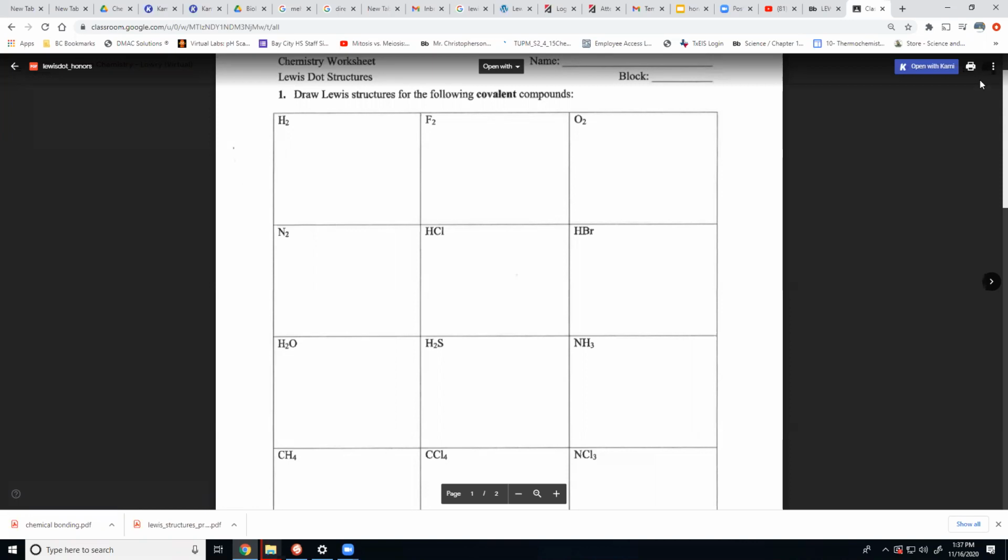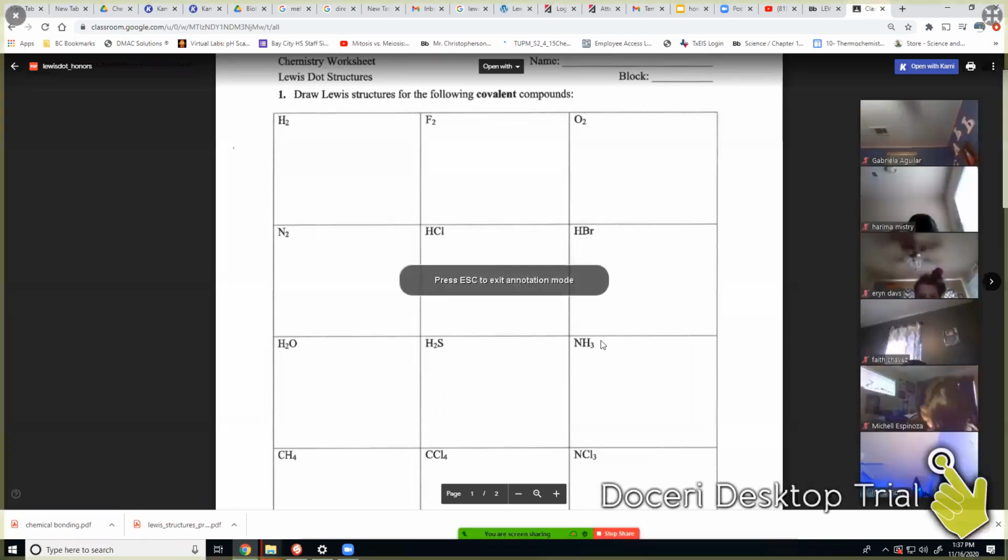All right, so let's do this one. Nitrogen had 5 and hydrogen had 3, so I have a total of 8 to work with. My nitrogen has to be in the middle, with hydrogen, hydrogen, hydrogen around it. If you want to put a hydrogen at the top instead of the bottom, that's fine.